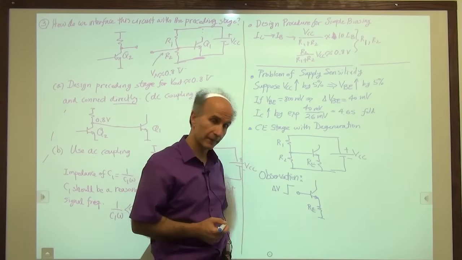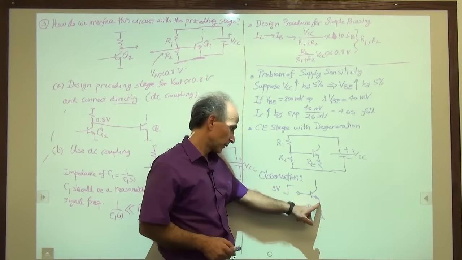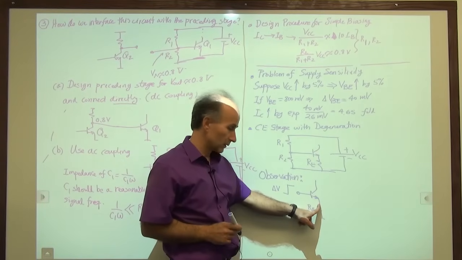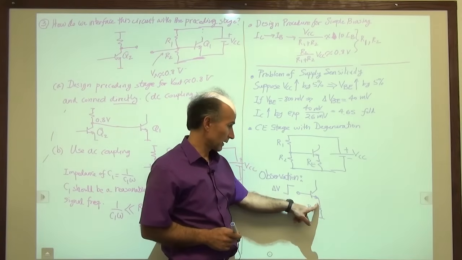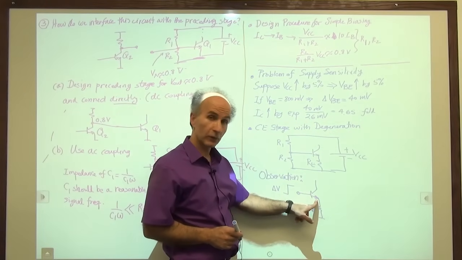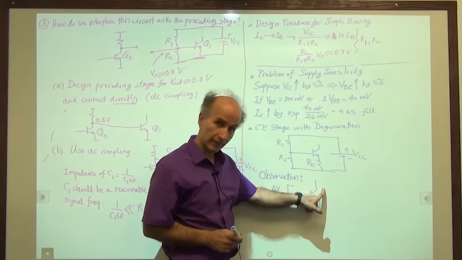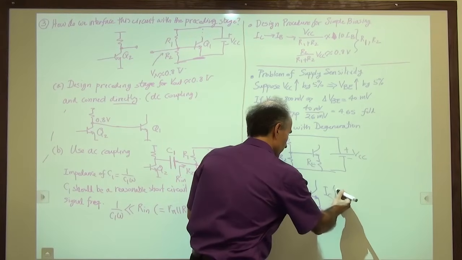Does that make sense? All right, so here's what we're saying. The base voltage goes up, the emitter voltage does not change. What happens to the collector current? The base voltage goes up, the emitter doesn't change, so the base emitter voltage increases, which means IC must increase. So we are saying that IC increases.